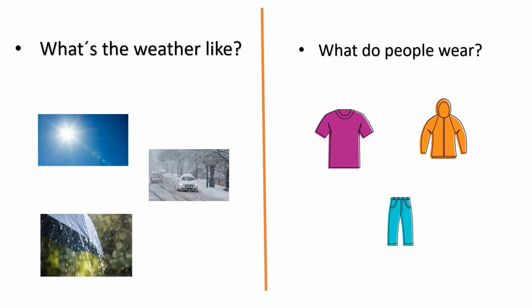We can say it's sunny, it's snowy, and it's rainy. We have many weather words that we can use. Do you remember? Windy, it's hot, it's cold, it's cloudy.